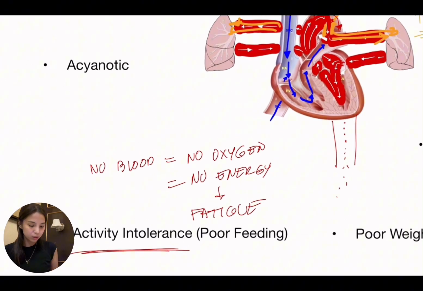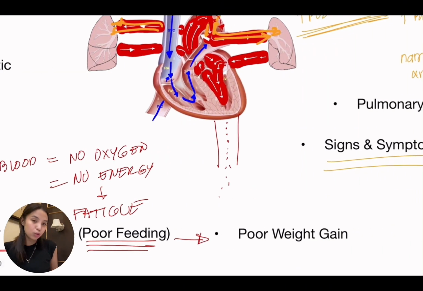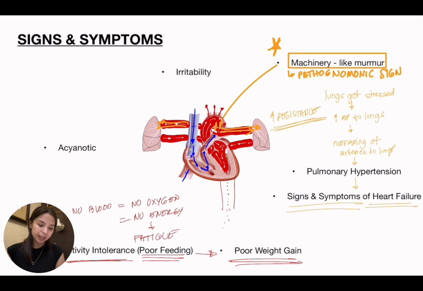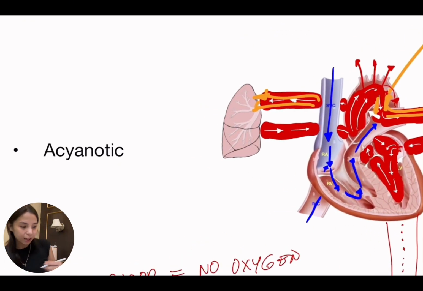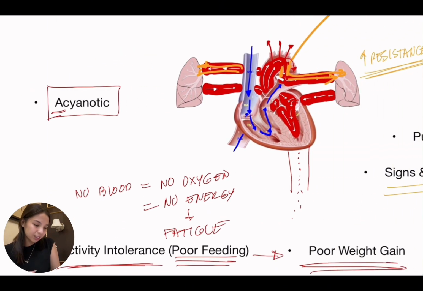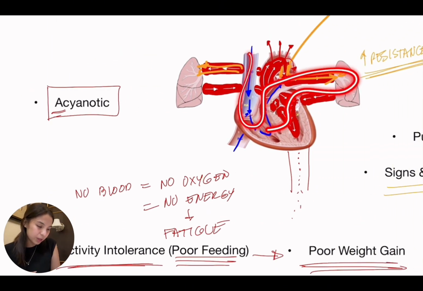So if they're not able to do that activity, that is poor feeding, which leads to poor weight gain. Do you understand up until that point? All right. Take note also that this congenital heart defect is acyanotic. Somehow, it is not deoxygenated blood that is being transported.